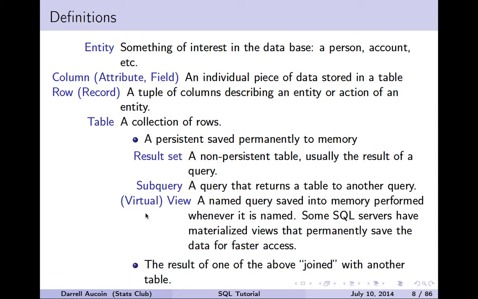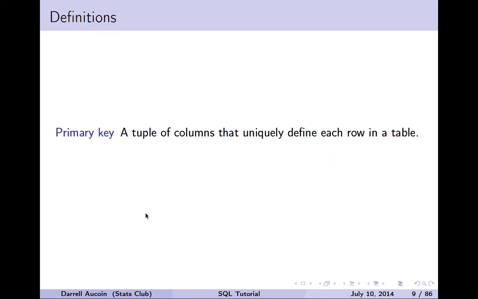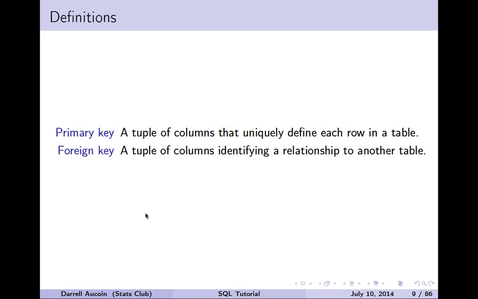I could even refer to a table as joining several different tables into one table. A primary key is basically a tuple of columns that uniquely defines each row, and a foreign key is a tuple of columns identifying the relationship between tables. So basically, referring to this table.